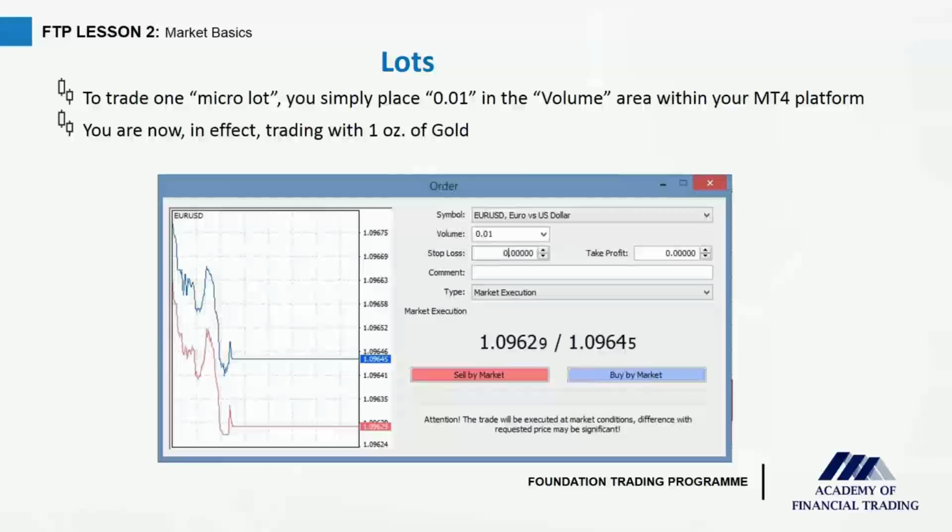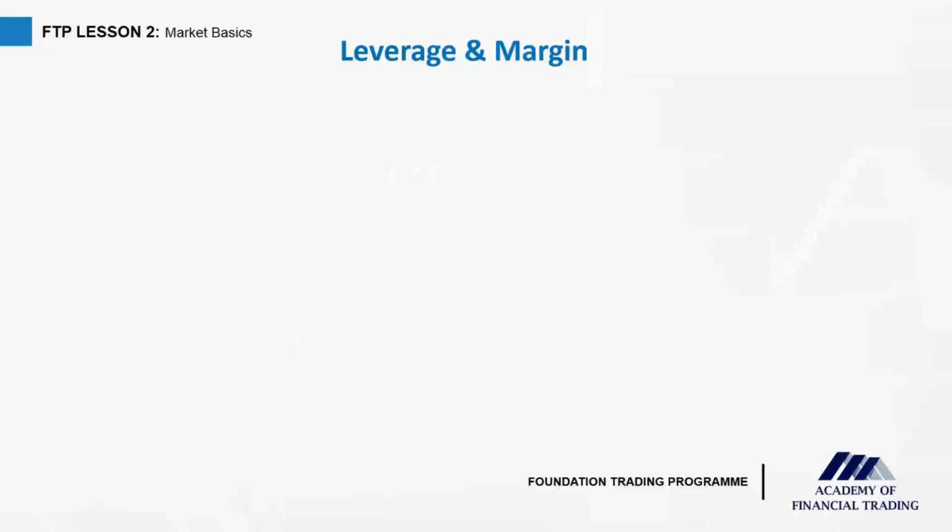And if you put 0.01 in, you're now trading with 1 ounce. So again, it's reasonably straightforward, and it makes you determine your ideal size of the trade dependent upon the amount of capital that you are trading with.